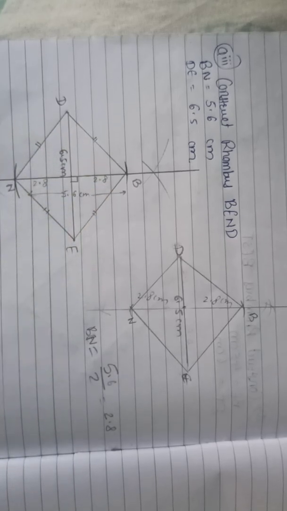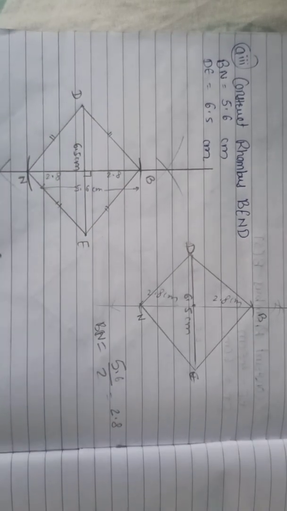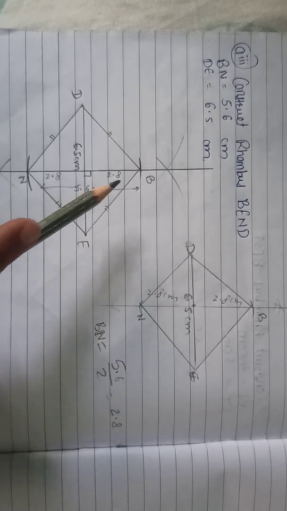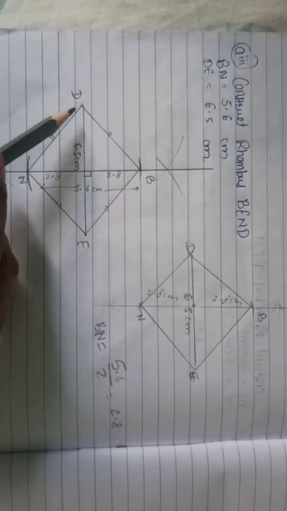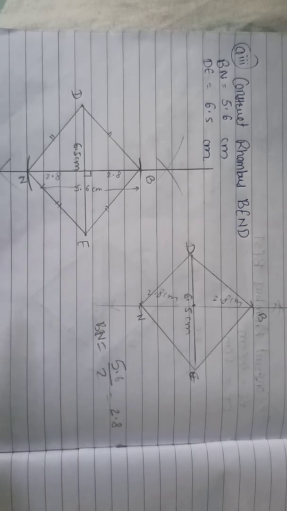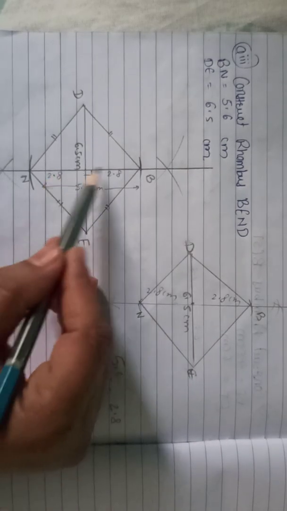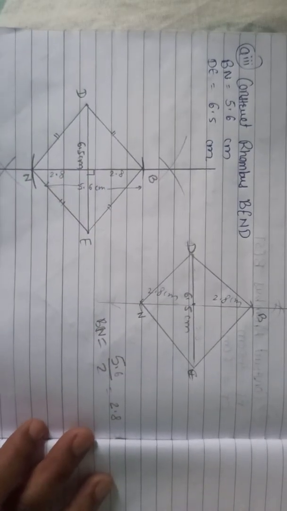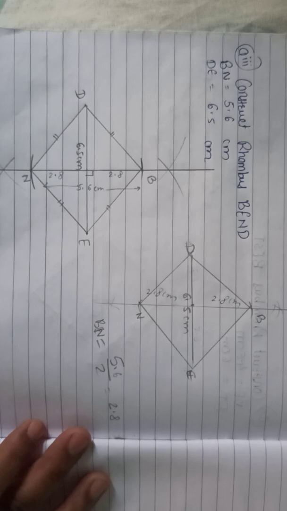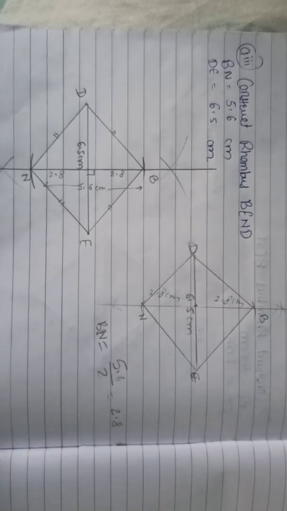That is wrong, because two diagonals are given, so we have to construct first both the diagonals and after that just draw the lines, because we are getting all 4 points B, E, N and D, and just for the sides we join the points. 2.8 centimeter is of the diagonal. Okay, so now here is the end of this second example, and the next one we will send you in another video. Thank you, students.